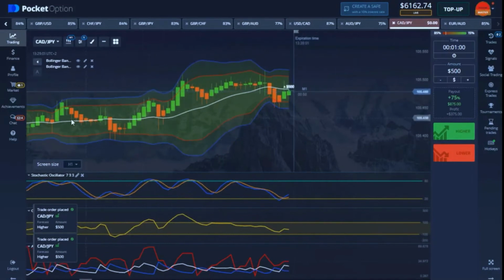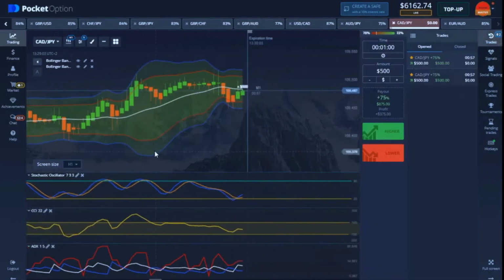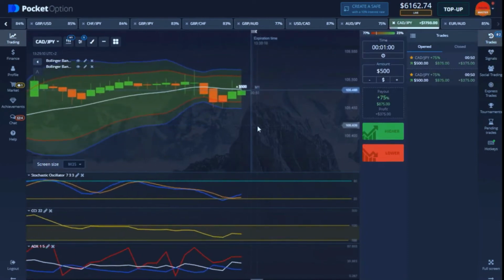Let's take an up trade on that. Another thing I forgot to mention earlier on is to make sure that if you are taking a trade to come down, you always have your Heiken Ashi candle above the Bollinger Band middle line, which is the white one.